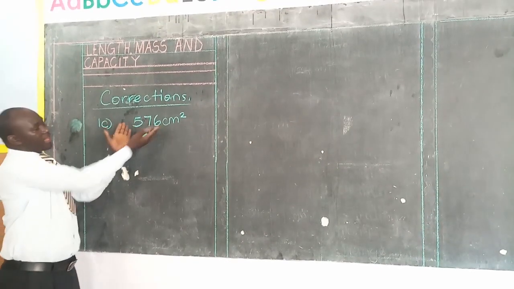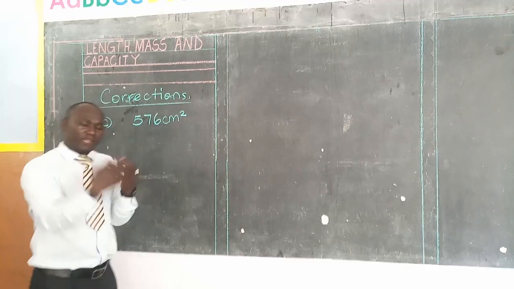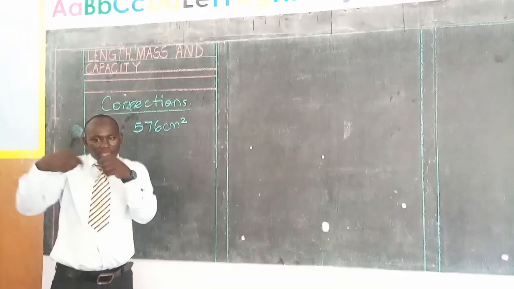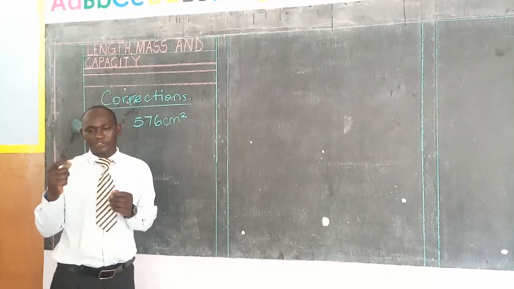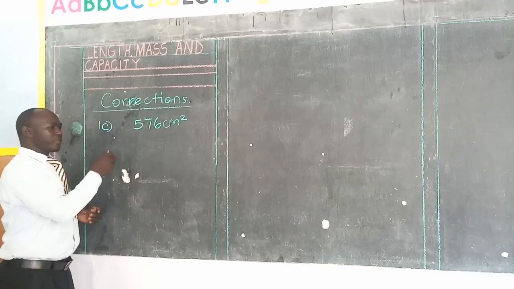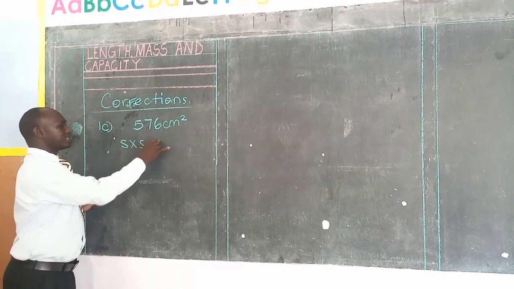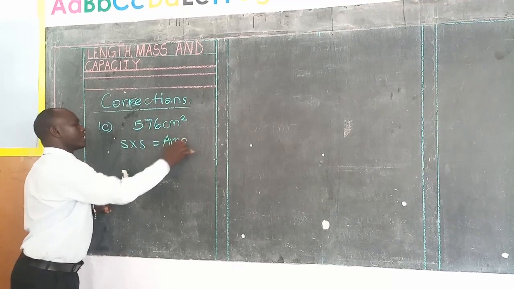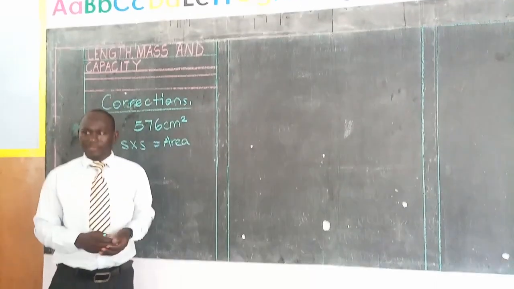Since we have been given the area of a square, we need to use that very formula so that we get the length of the side which we are looking for. And the formula, I think, was side times side is equal to area, or area is equal to side times side.